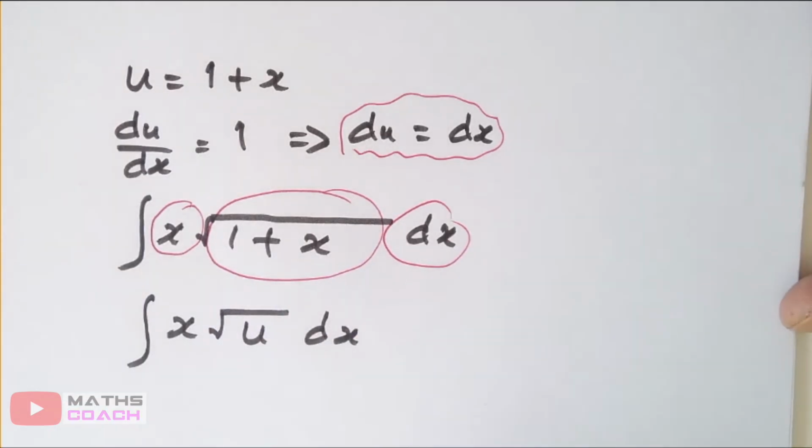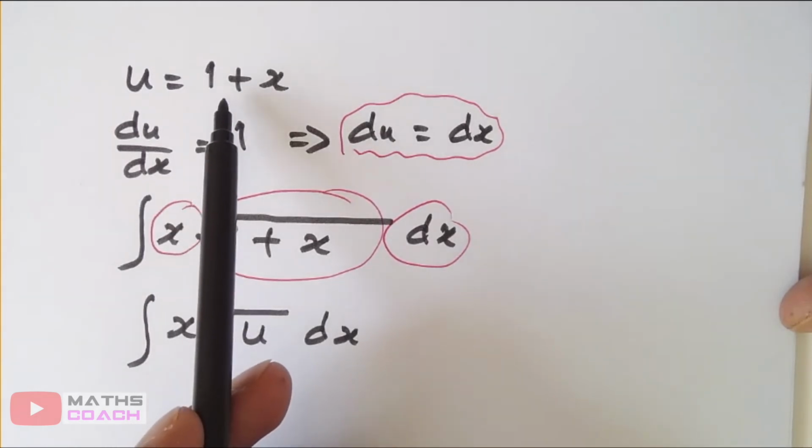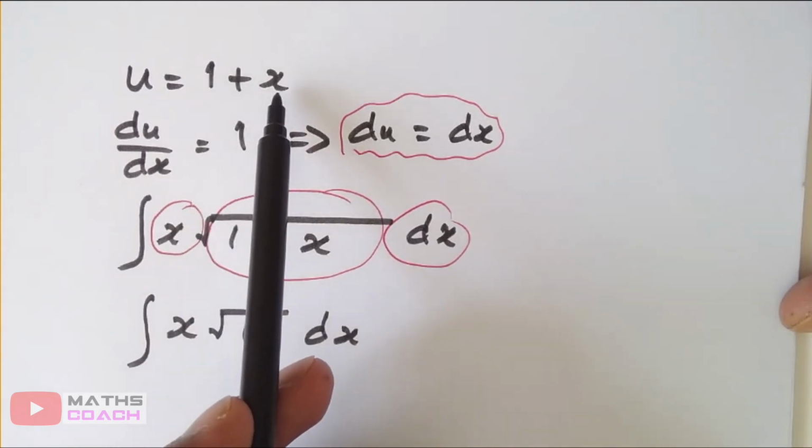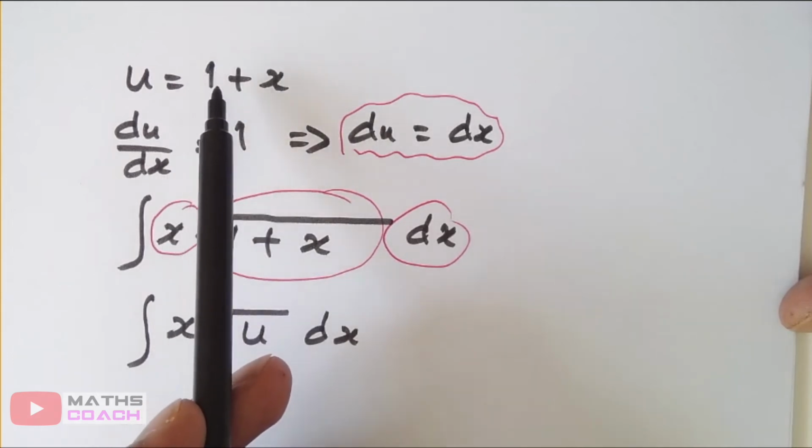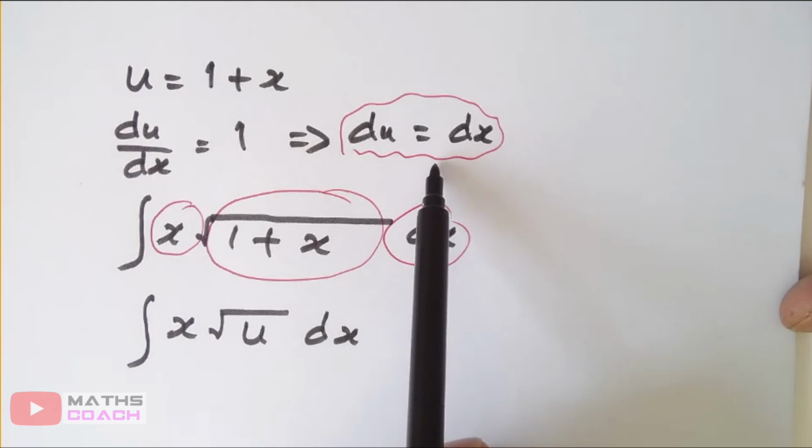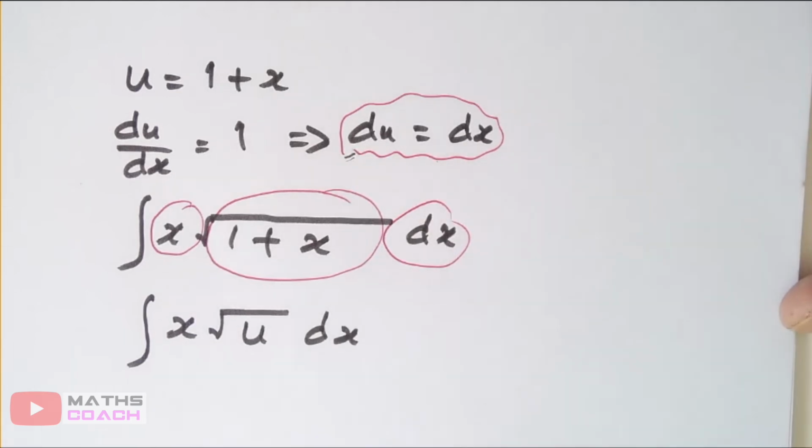Well, if you look at this equation here at the front, surely x can be made the subject by taking away 1, and this dx from here happens to be du.